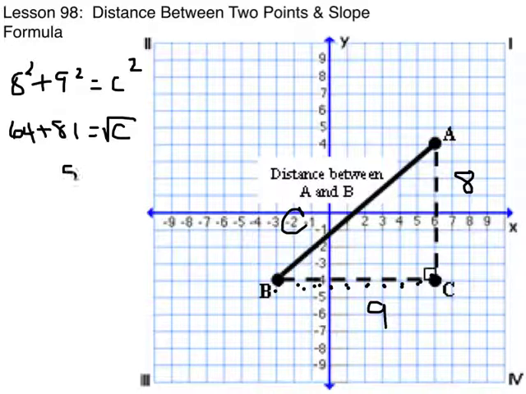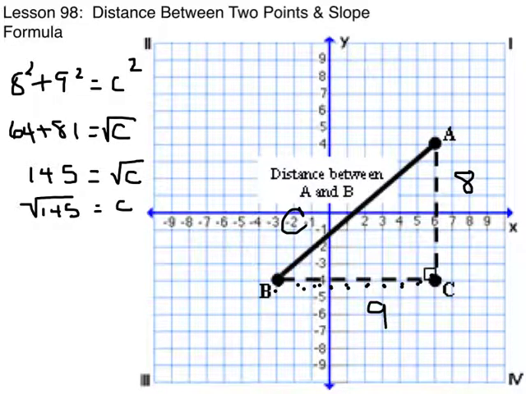Alright, 64 and 81 is 145 equals C squared. So C is equal to the square root of 145. And 145 can be factored.